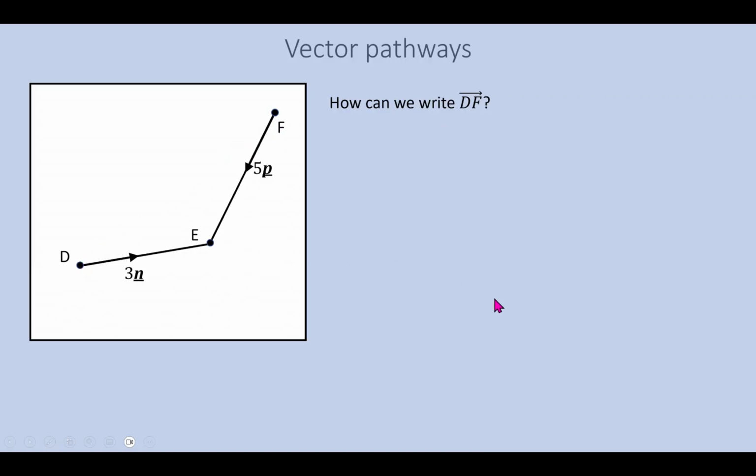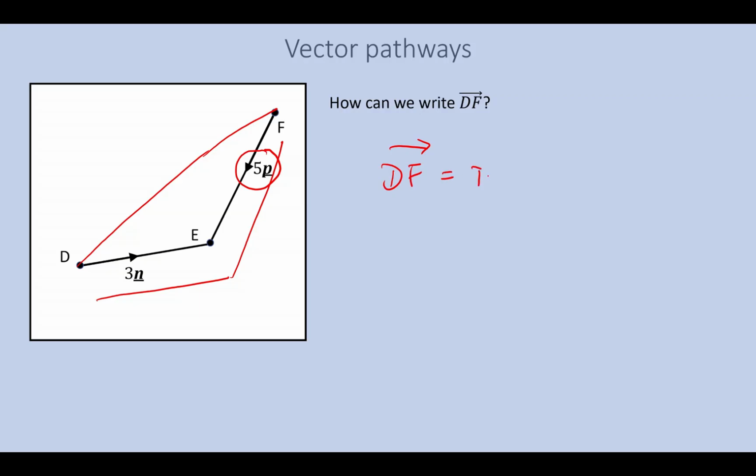If I want to go DF, you will go straight from here. I haven't got any algebra here, so I will go from here there. However, that arrow is 5p. So I will do DF is going to be D to E first, then E to F. I write my notation, and then I will be able to get my M1, and then I replace it.